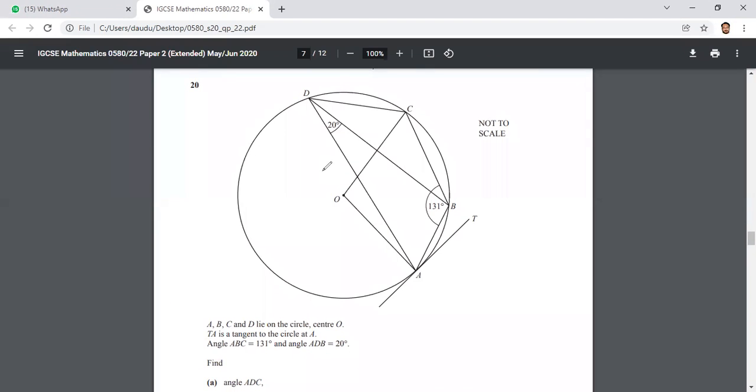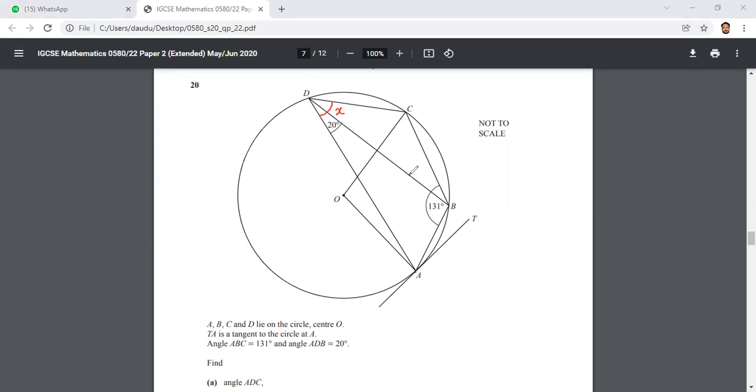So let's see. ADC means this full angle. We are looking for this full angle. Anyway, we don't know this angle. Let's suppose x, and we know points A, B, C, and D represent a cyclic quadrilateral because these 4 points are on the circumference.